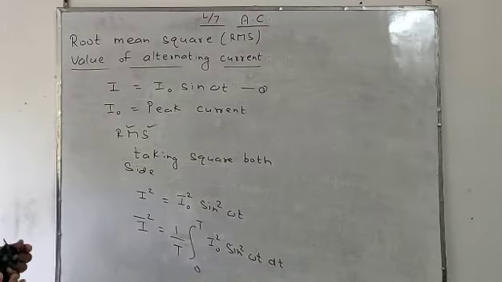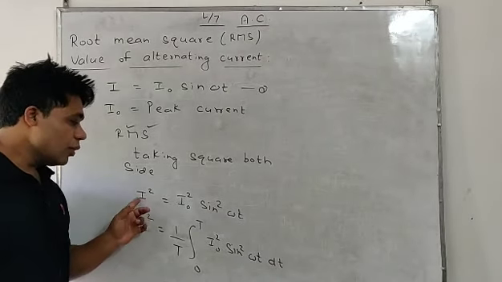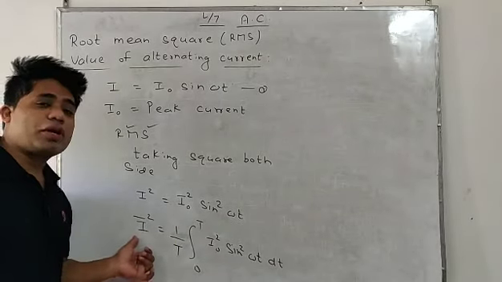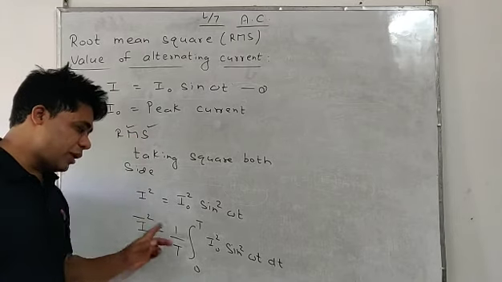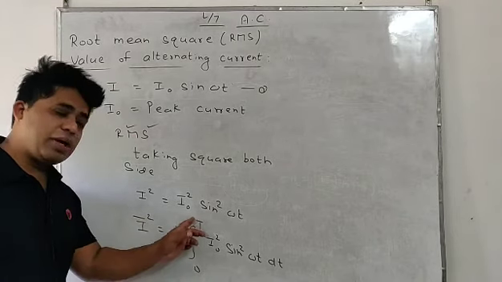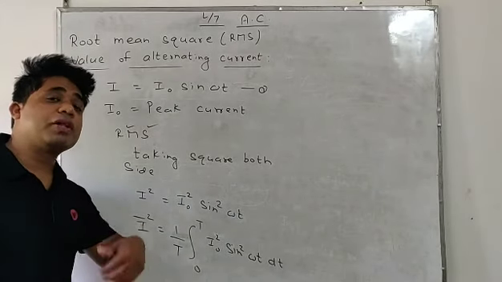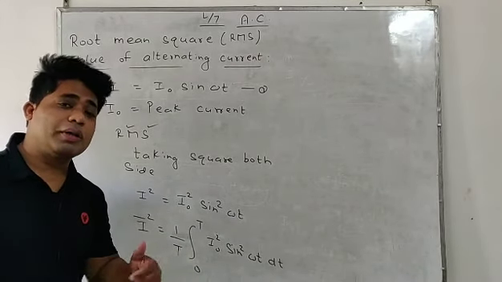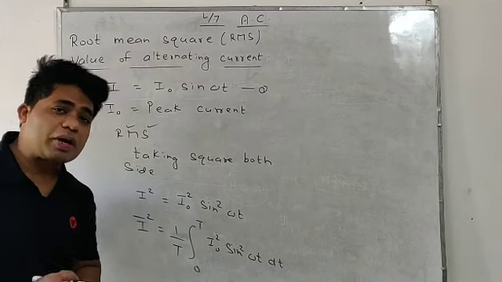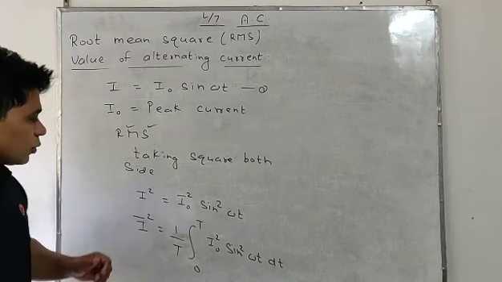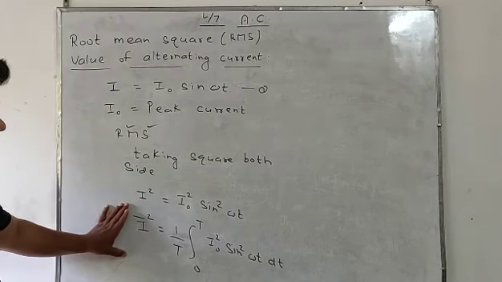Look, students, what did I do? We just did the square, and for taking the mean, the average, there comes a bar, with limit 0 to T, integration and dt. That is the formula for finding the average value. We did it in the previous lecture, in the topic finding the average value of alternating current for full and half cycle. So we did square, we did average.